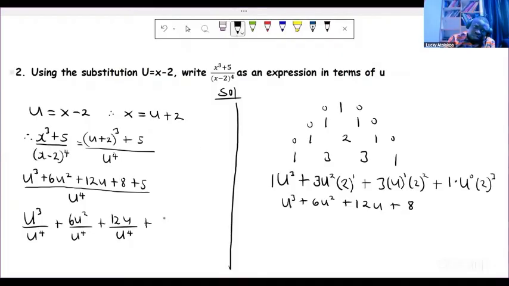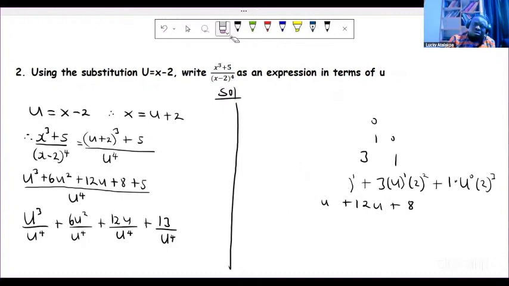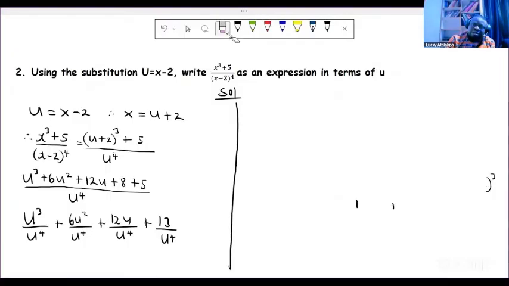This should be 13 over u to the power of 4. So if we simplify, the whole of this cancels 3 from this.